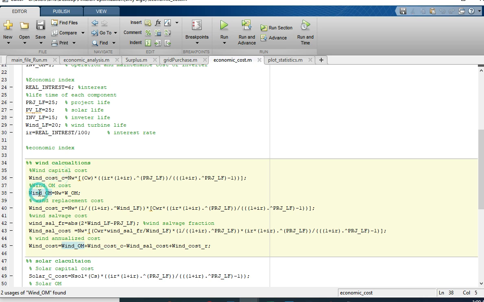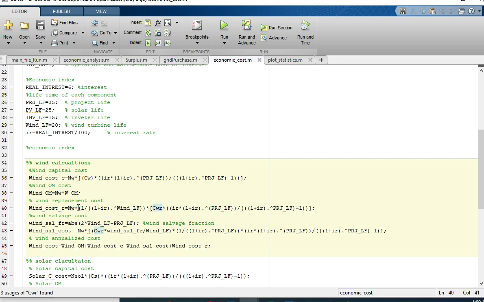So it's annual. We have not multiplied here by CRF because OM is already per year. Operation and maintenance cost is always per year. However, if it is for the whole life, then you have to multiply it by the capital recovery factor. So here it is the replacement cost. The formula is the number of wind turbines multiplied by the capital recovery factor.